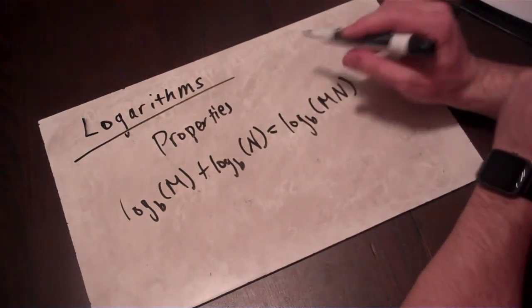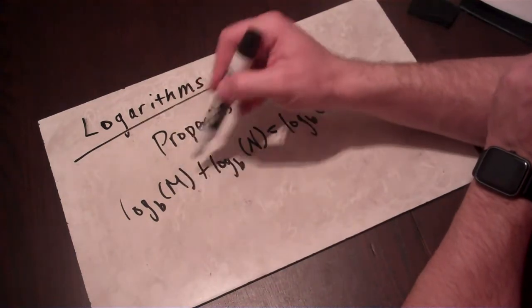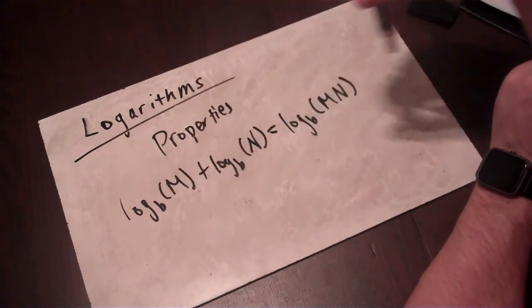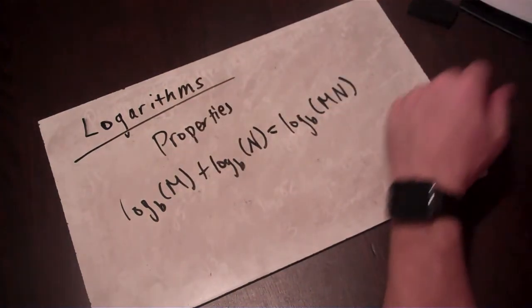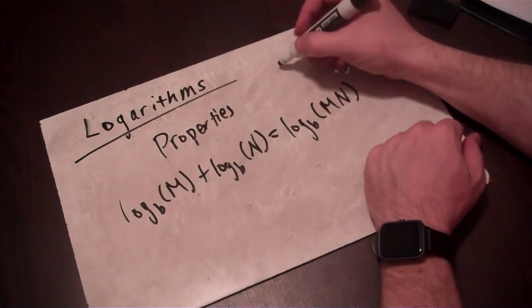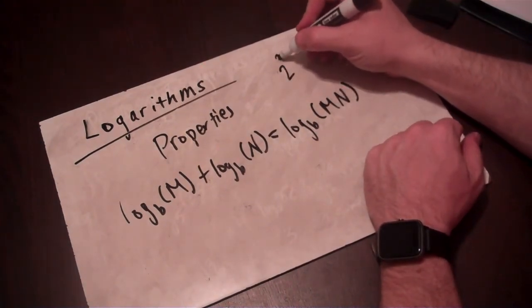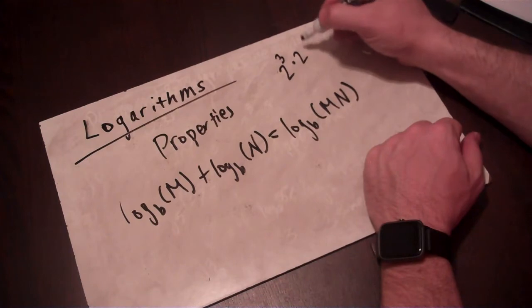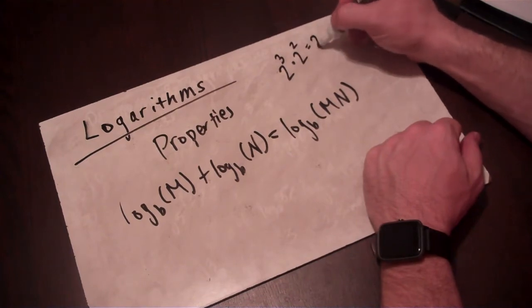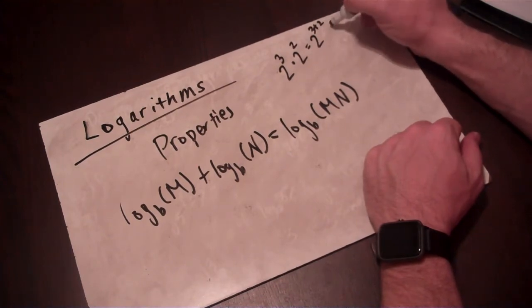So this is kind of neat. It allows you to take the sum of logs as the log of the product. Now that's kind of weird, but it's really not that weird, is it? Because if I had 2 to the third power multiplied by 2 to the second power, that's 2 to the 3 plus 2, or 2 to the fifth power.